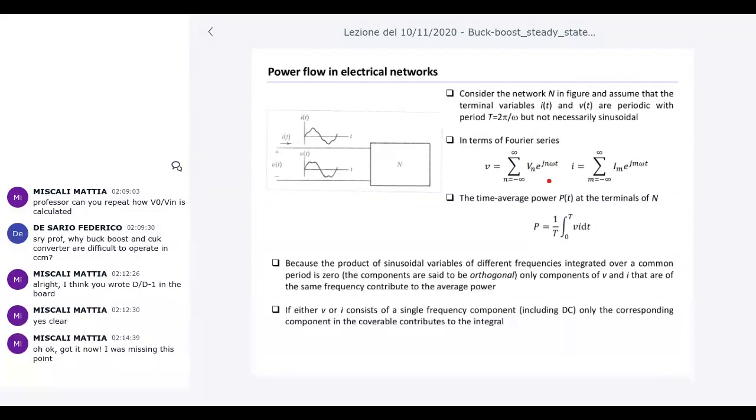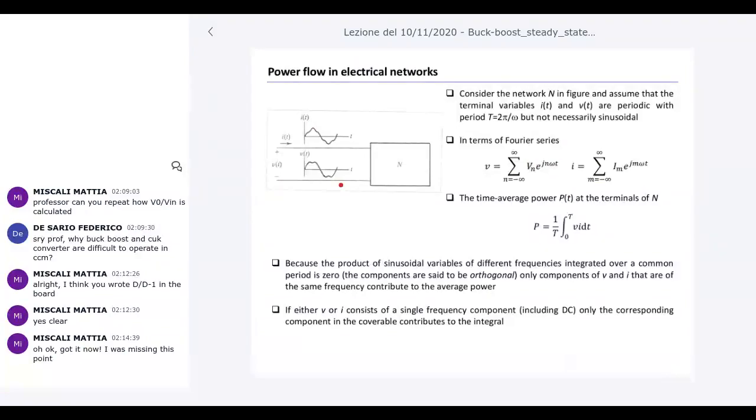As you can see, n is an integer, so you have a fundamental, which happens when n is equal to 1, and then the harmonics of this fundamental component that are integer multiples of the fundamental. The same happens for the current.